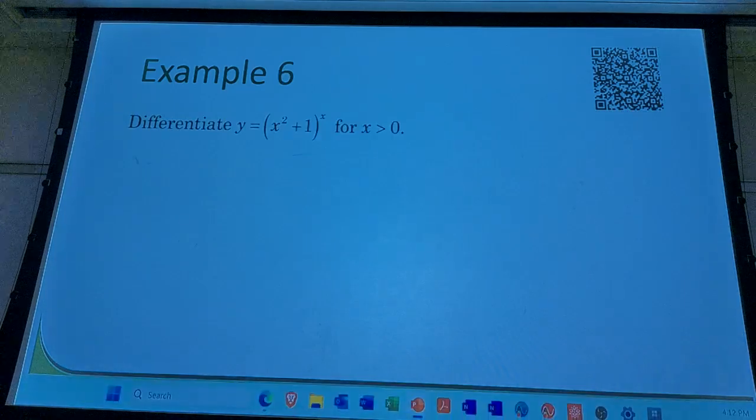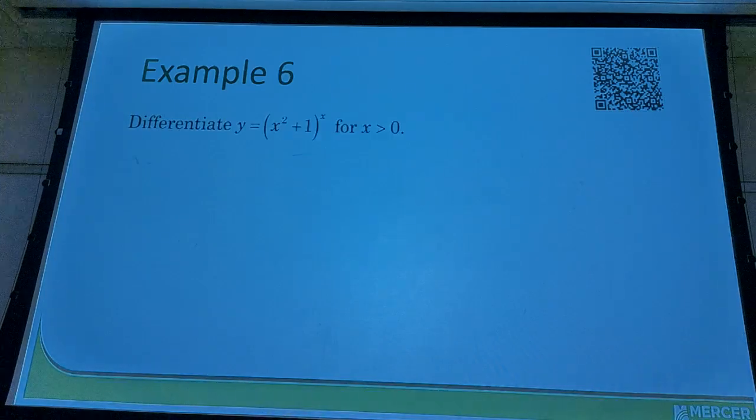It's hiding under your bed, but you know it's there. Right, so differentiate x squared plus 1 to the x. Well, it's not exponential. It's not a power either. Should we log it?